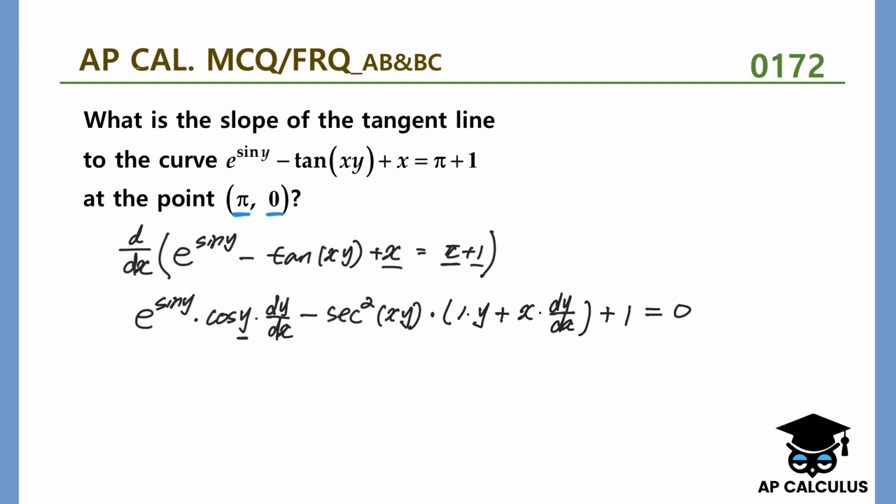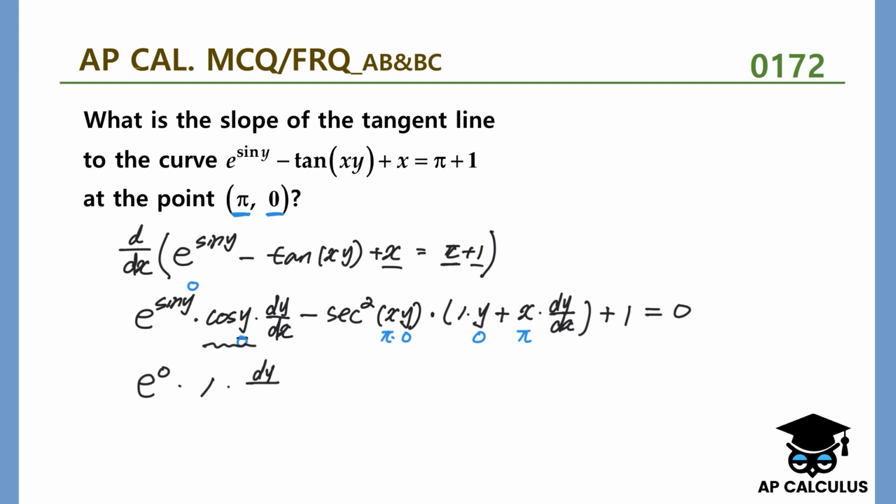So e to the sine 0 is e to the 0, that's 1, times cosine 0, which is equal to 1.